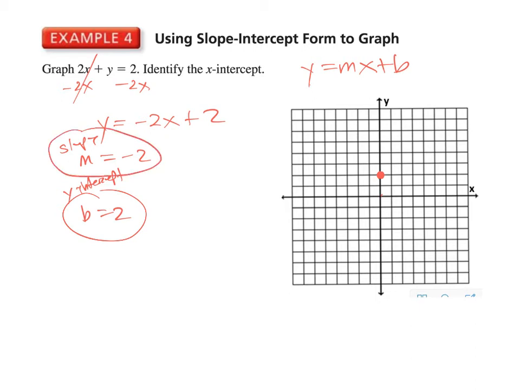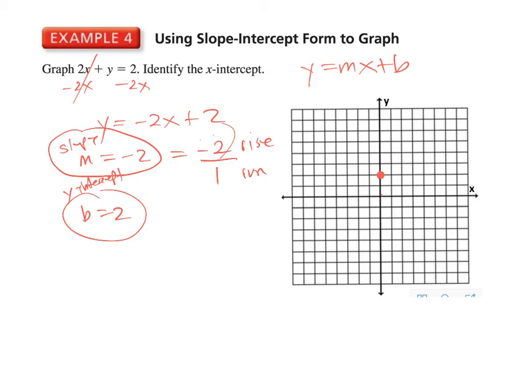Now the next piece of information, my slope, negative 2. Whenever you're graphing, you want to make sure your slope is written as a fraction. So how do I do that? I simply put it over 1 in this case. Now I'm applying my slope. Slope is rise over run. Rise means you're going up or going down. Since it's negative 2, that means I'm going down.